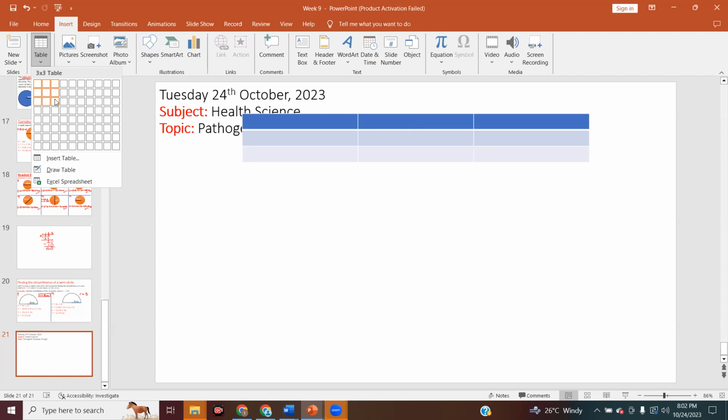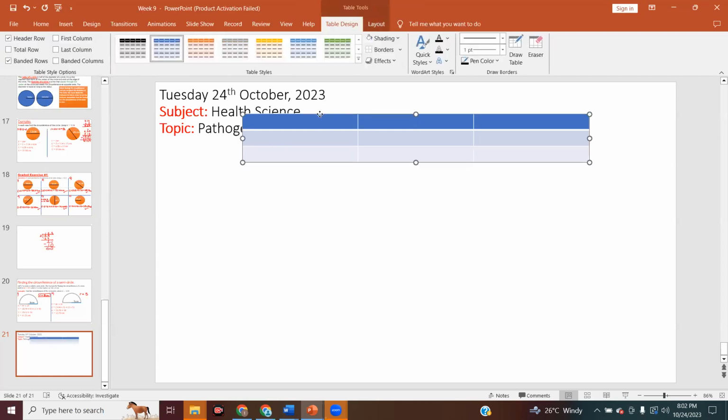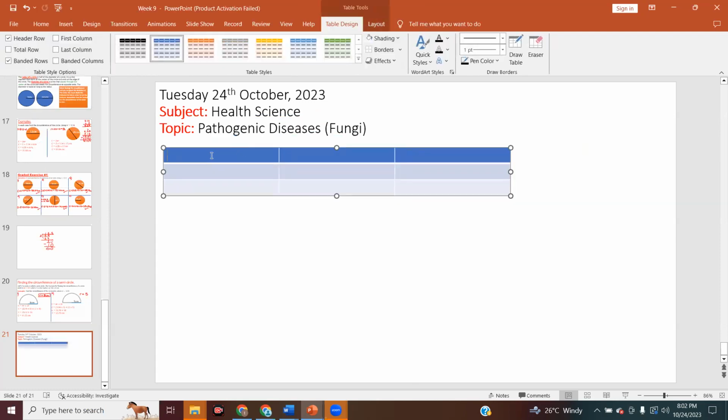The first thing we're going to look at is the pathogen. We know that the pathogen we're looking at is fungi. We also have some examples of them, and we're going to be talking about its effect on the body.